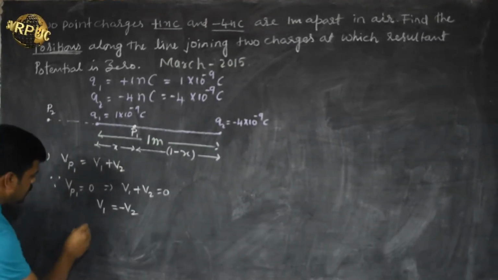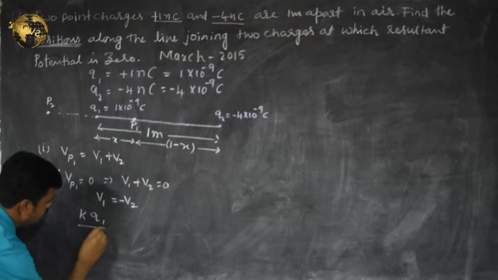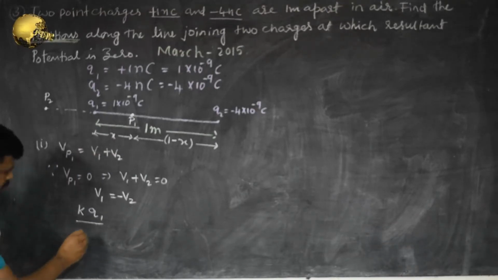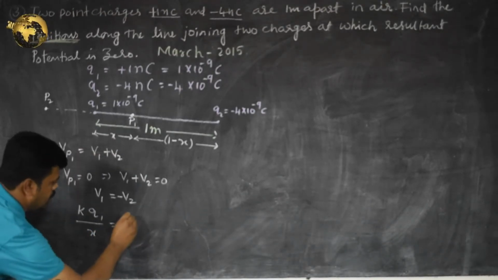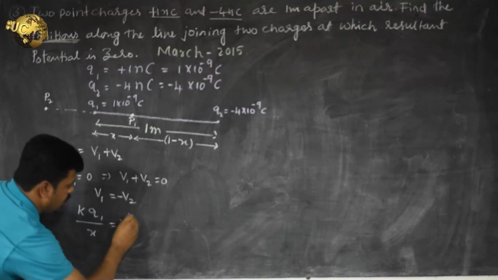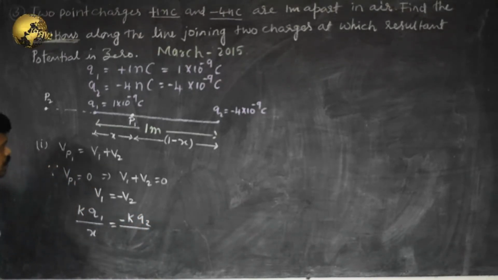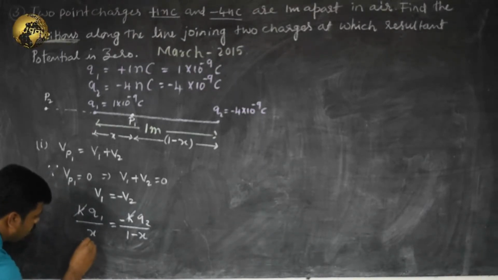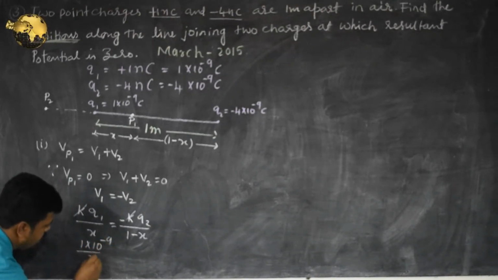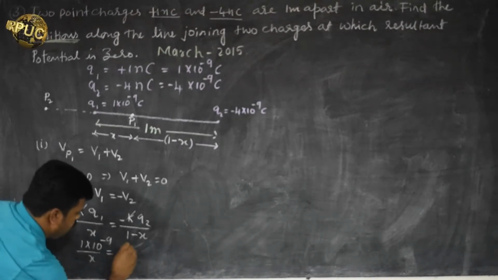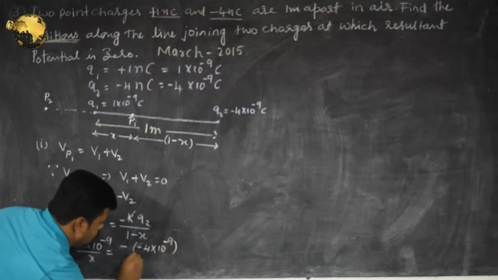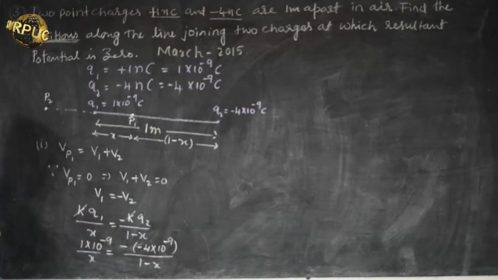Let's substitute the values. K Q1, the denominator will have the distance of P1 from Q1, that is x, which is equal to minus K Q2 whole divided by 1 minus x. K and K get cancelled. Q1 is 1 into 10 to the power minus 9 divided by x, which is equal to minus of minus 4 into 10 to the power minus 9 coulomb whole divided by 1 minus x.